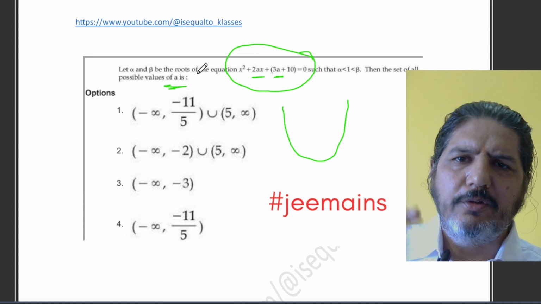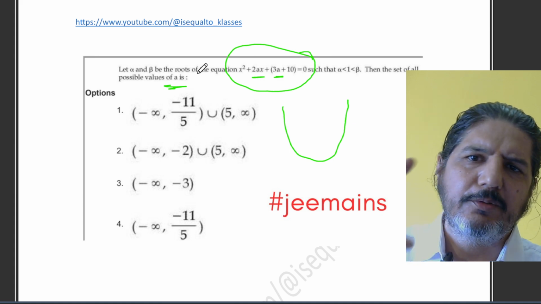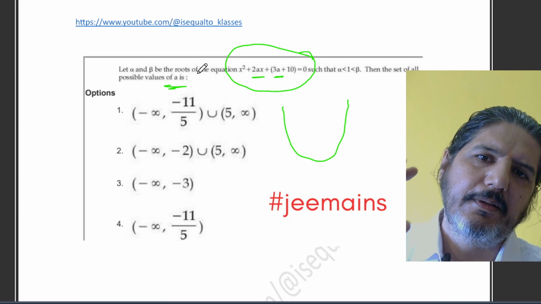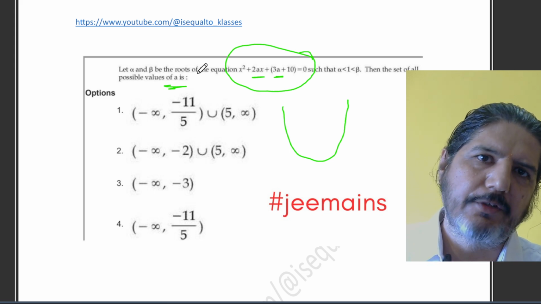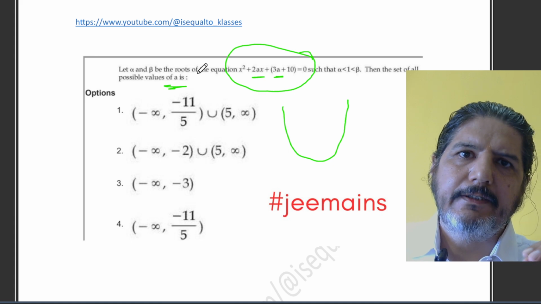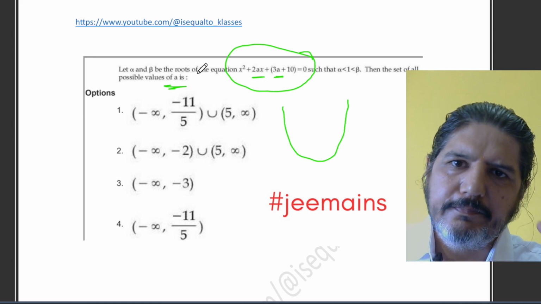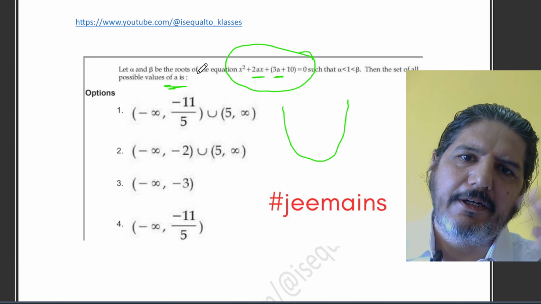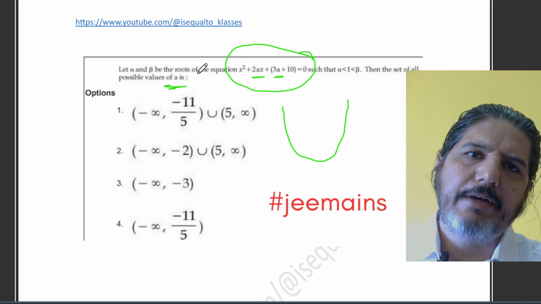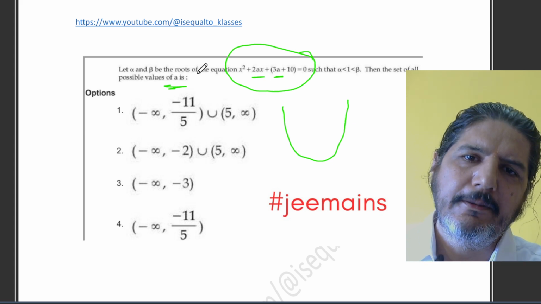Now let's look at the solution. I suggest that you pause the video and try this question with whatever your knowledge base is, and only once you have tried for 5 to 10 minutes, please look at the solution.